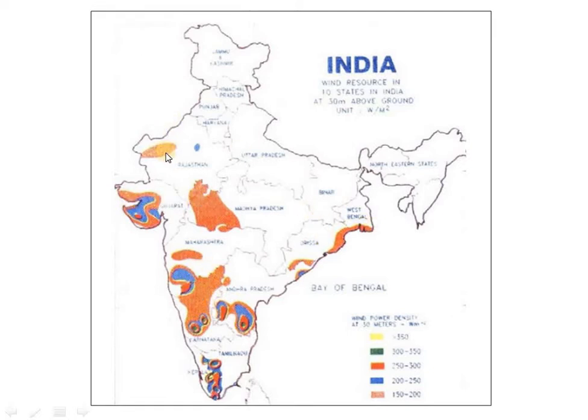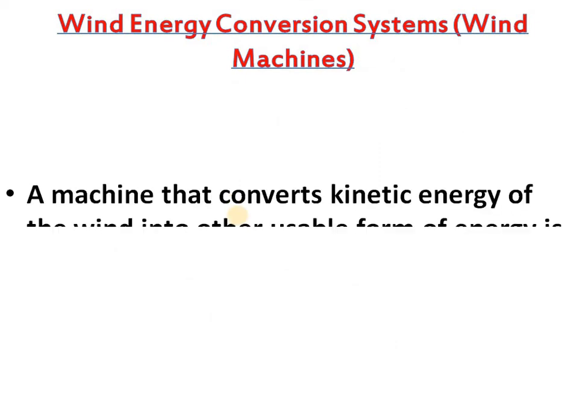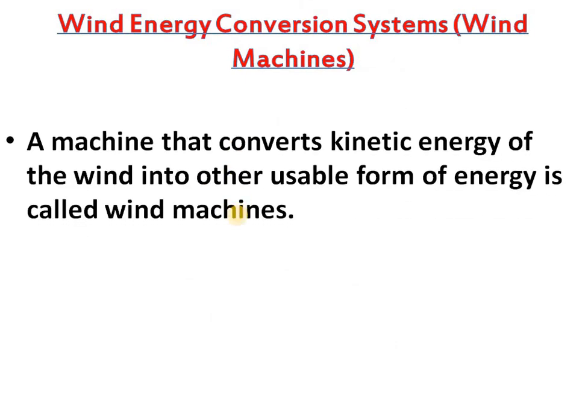There are so many places, even including Rajasthan, where already one plant is there. So many places are there within our country where we can install wind power mills and tap the wind potential.